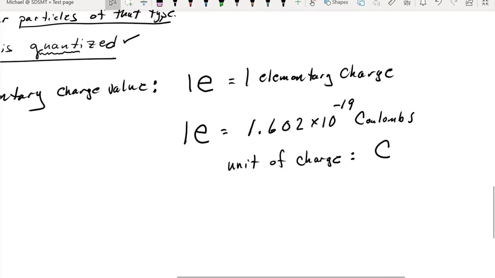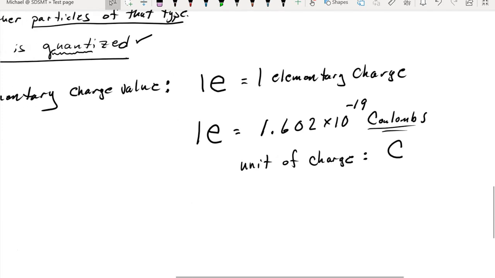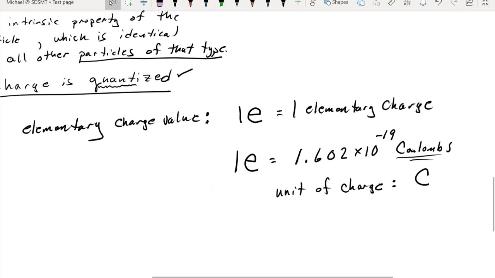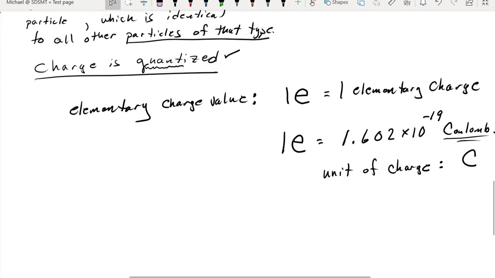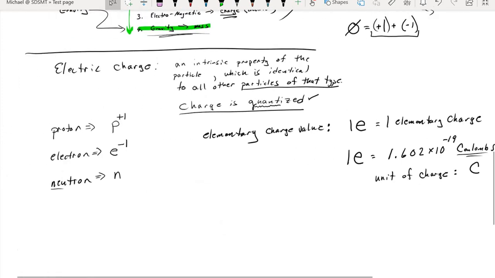A lot of students just see C and they think charge, but C is actually a coulomb. And Coulomb was the individual that actually figured out a lot of the charge-to-charge interaction, or at least the math that we're going to put behind this.